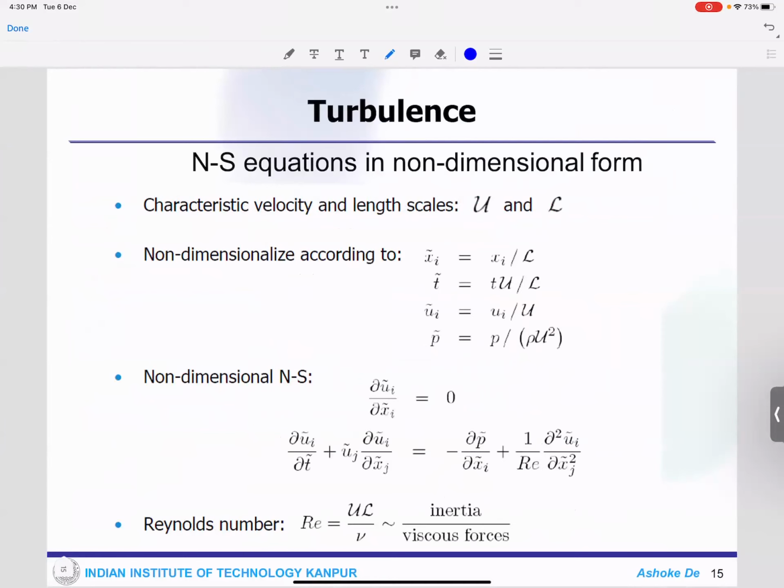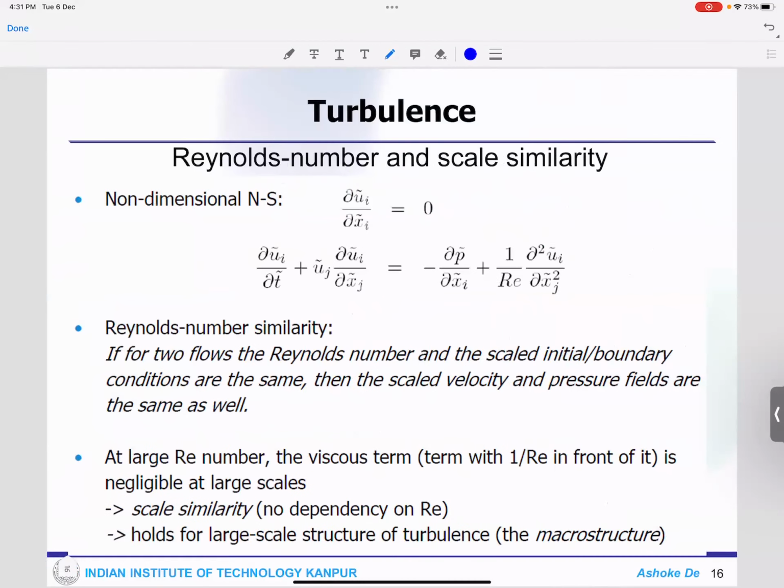Now, if you non-dimensionalize the Navier-Stokes equations, which are available in any textbook, so I will not go into the details. What is important is that in a non-dimensional form, I can write the equations in this way. When you talk about the Reynolds number similarity, if for 2 flows the Reynolds number and the scale, the initial or the boundary conditions are the same, then your scaled velocity and pressure fields are the same as well.